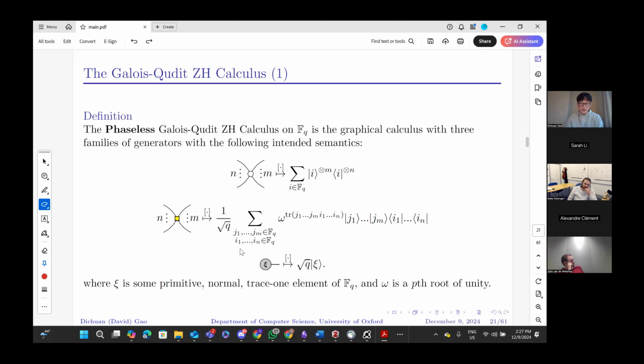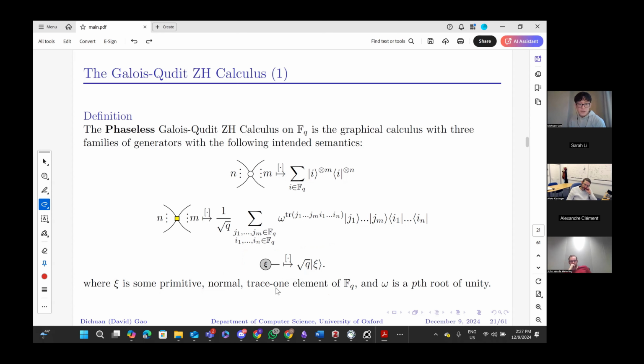The cost of that is I needed to add a third family of generators, which really only consists of one single diagram, which I'm calling the psi lollipop. And this corresponds to an element of the computational basis, which in the Galois field is a primitive element, normal, and trace one, which is guaranteed to exist because of the previous theorem.